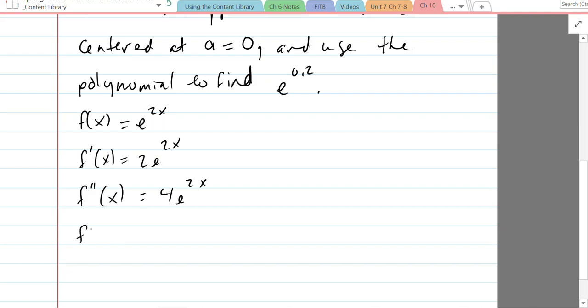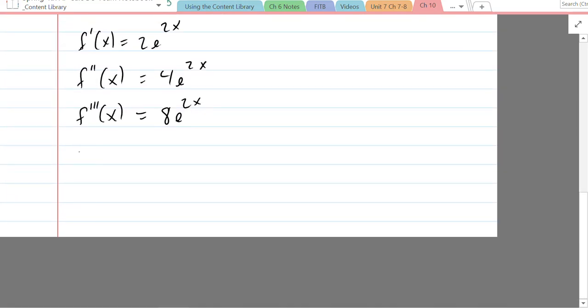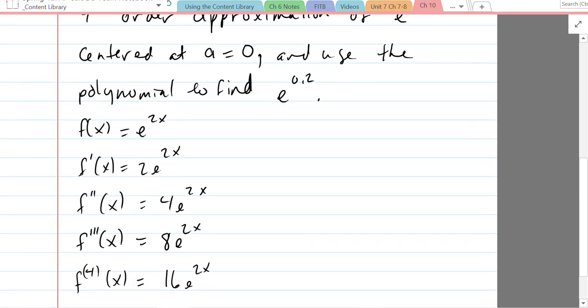Then the third derivative, which equals 8 e to the 2x. And then the fourth derivative. At that point, you just start using numbers. And that's 16 e to the 2x. And then we have to evaluate them.